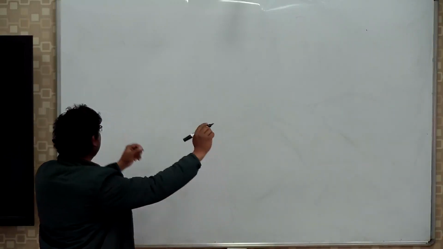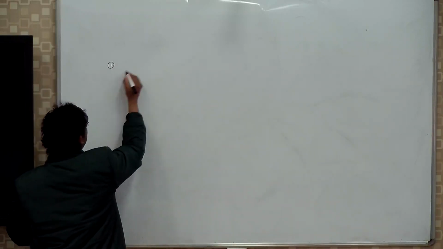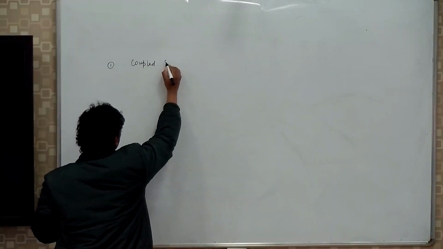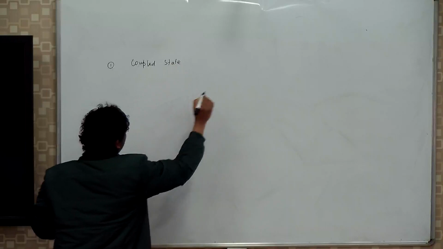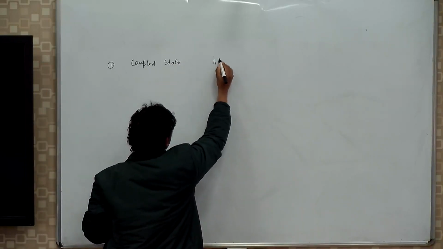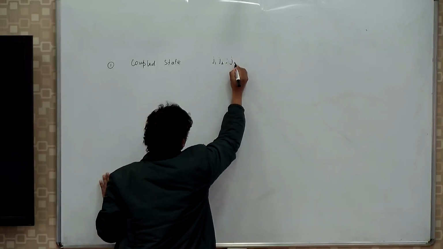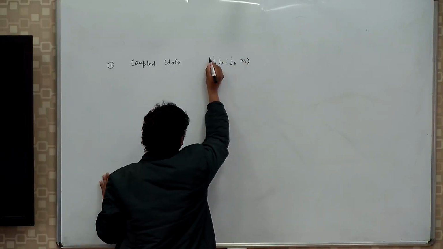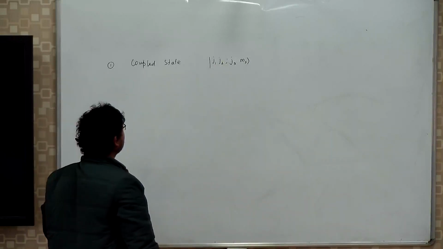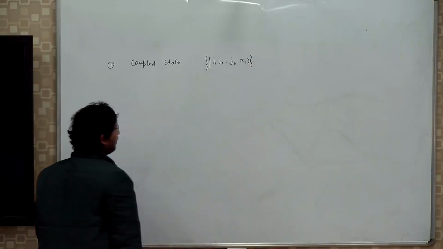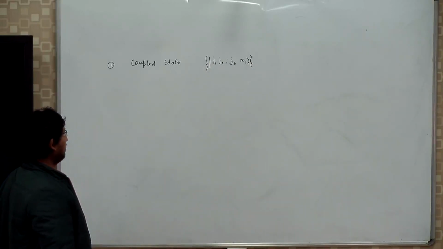Okay, in the last class we discussed something about the addition of angular momentum, and this addition of angular momentum can be done in two ways. One is called the coupled basis, or the coupled state. So |J1, J2, J3, M3> is the state vector for writing the coupled state, and the set of state vectors in the coupled state is written as |J1, J2, J3, M3>.